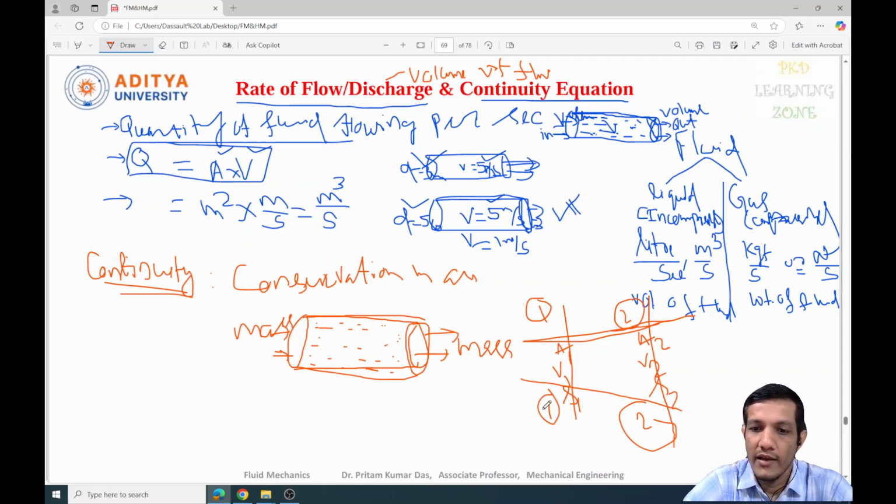But the density will be the same in both, because it is the same liquid flowing inside, so we can consider the density constant. It is an incompressible fluid.